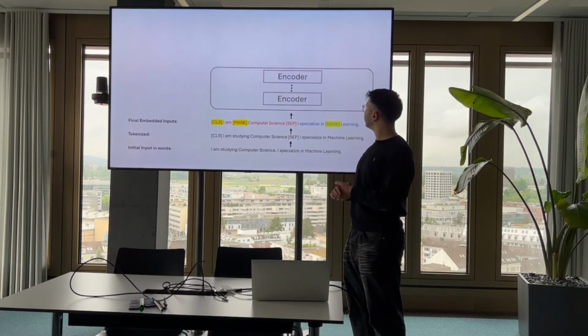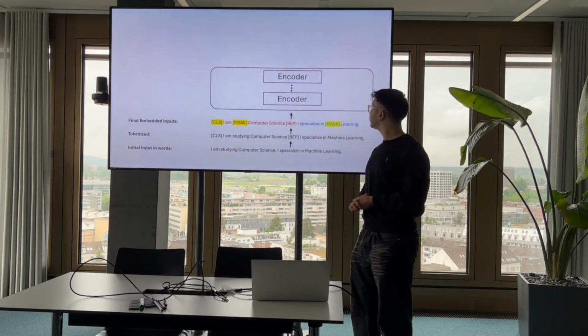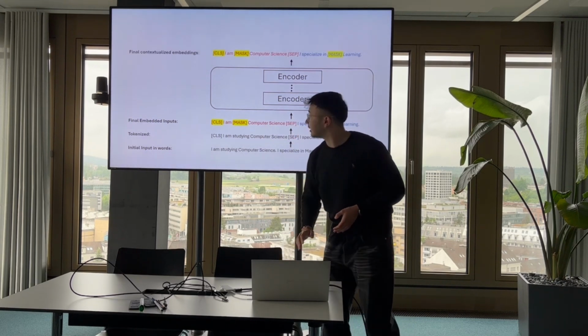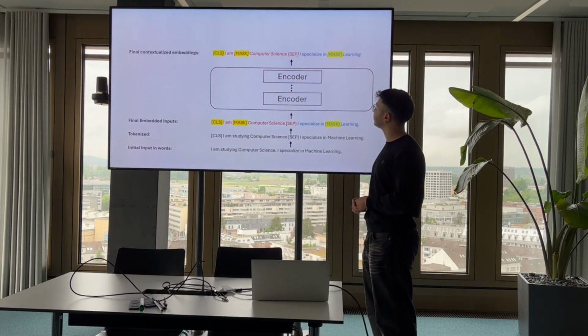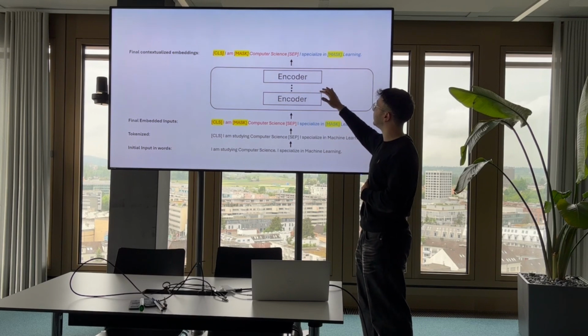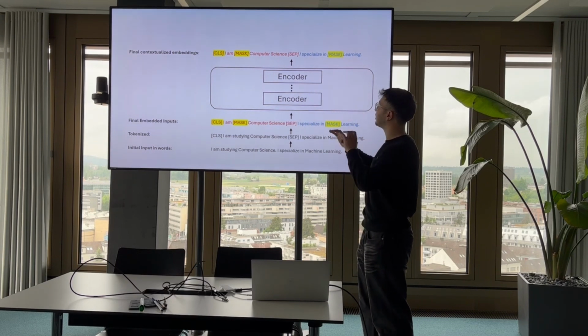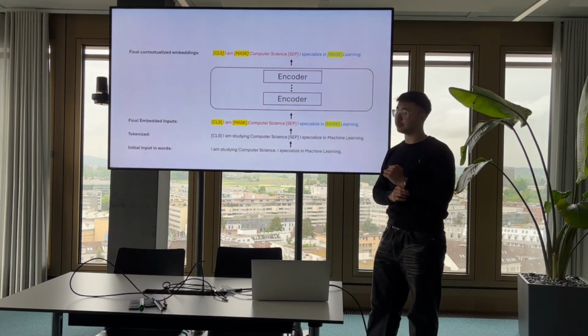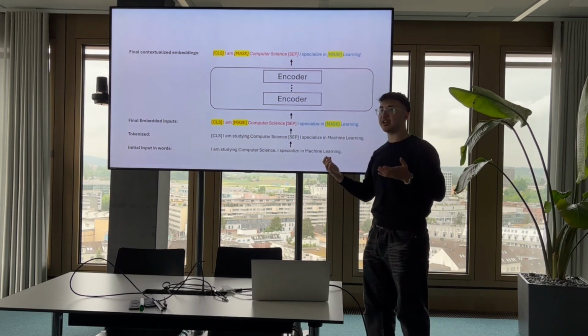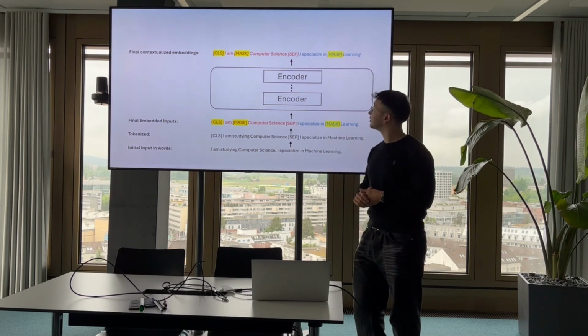Then it goes through the BERT encoder architecture, and we get the final embedding. So these are already contextualized embeddings, and now we can use those embeddings, for example, to fine-tune it or feed it to another task.